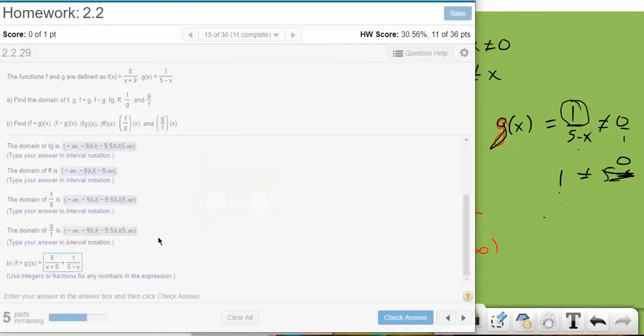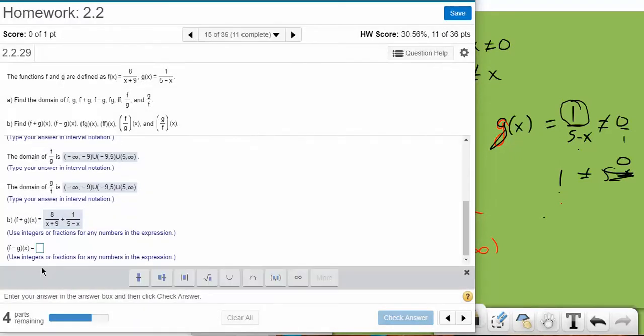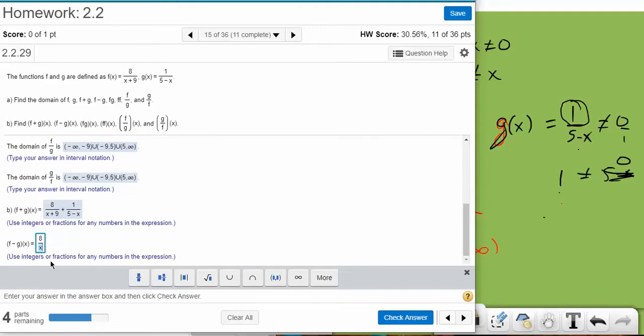Okay, good. So we don't have to simplify it, which would be a pain. So that same answer, we just put a minus in the middle. 8 over x plus 9 minus 1 over 5 minus x.